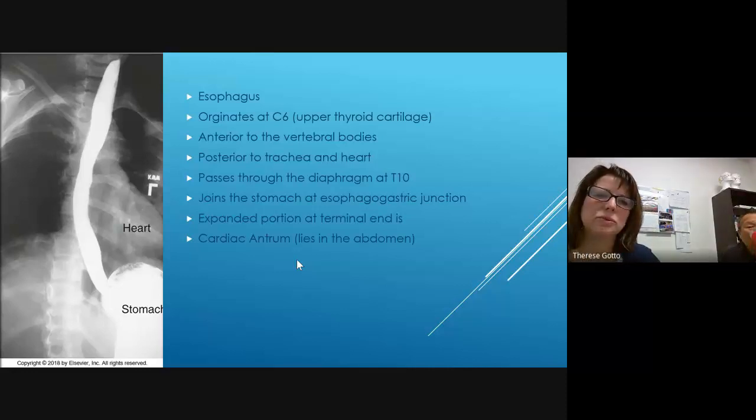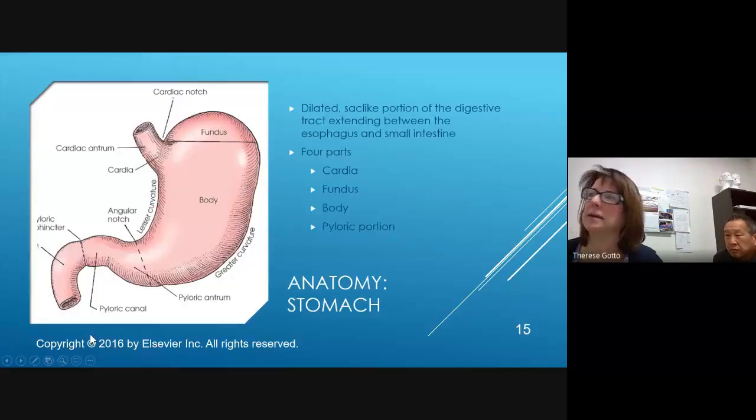It passes through the diaphragm at the level of about T10. Where it joins your stomach is the esophagogastric junction. The expanded portion at this terminal end is called the cardiac antrum. Do you guys remember that? I tested you on that a lot.